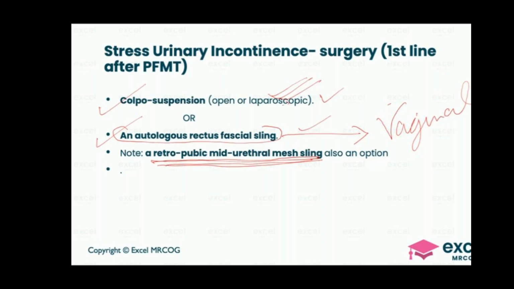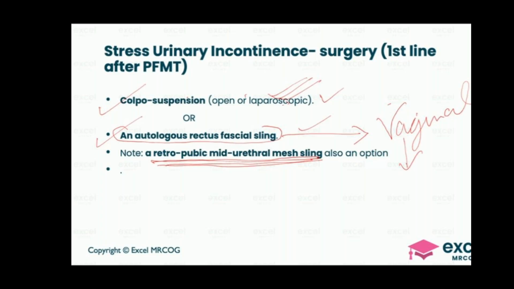But if the MDT has decided that the continence surgery for SUI along with vaginal repair of the cystocele would be done simultaneously, then rather than going abdominally and doing a colposuspension, you could just do both the procedures vaginally.